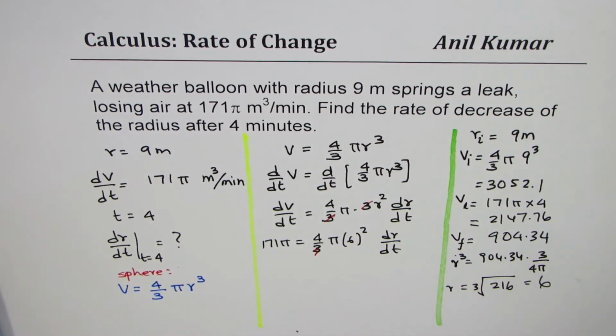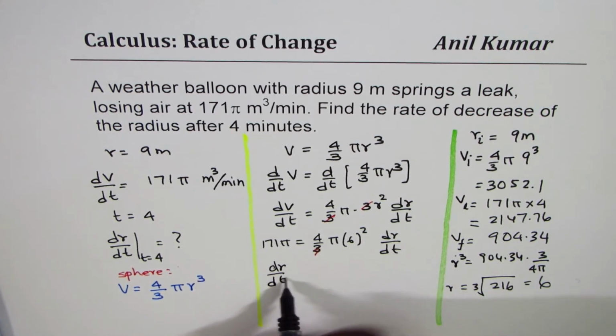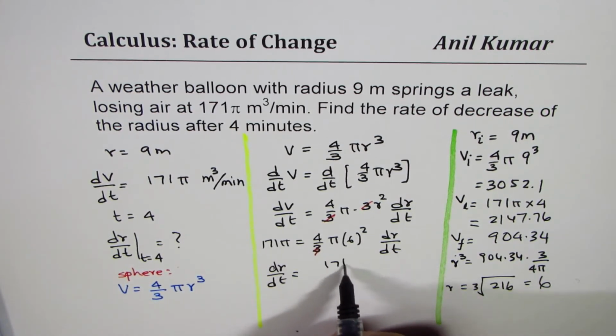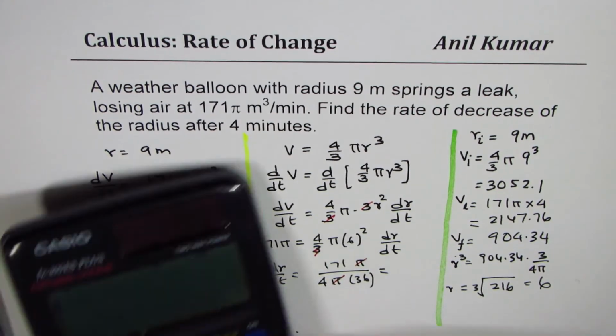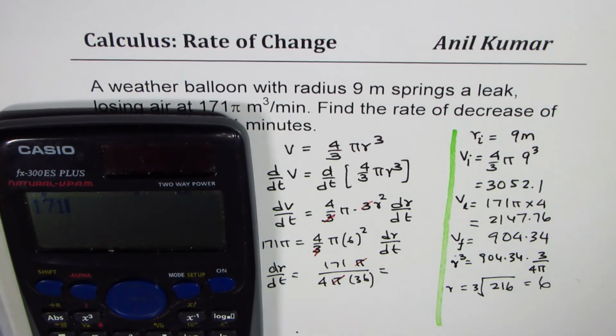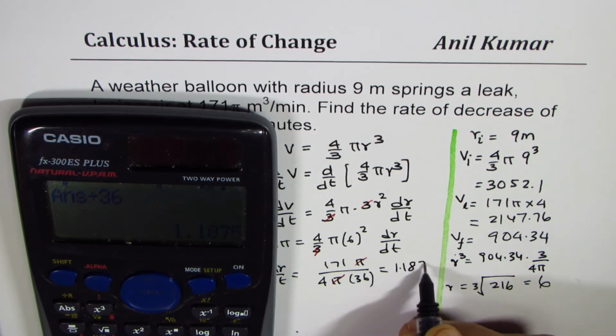Substitute the values which you have, and now you can find dr/dt. So dr/dt equals 171 pi divided by 4 pi, 6 squared is 36. Pi and pi cancel. Okay, let's calculate. So we have 171 divided by 4, and then divided by 36, and we get our answer as 1.1875.